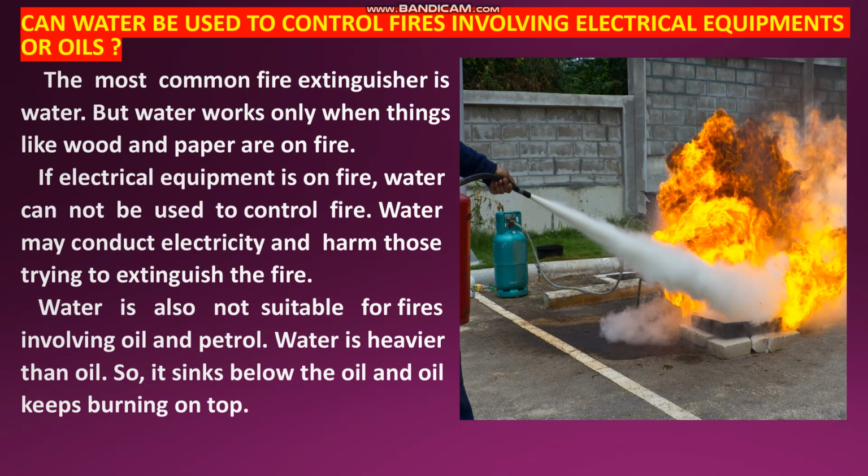The water sinks below the oil, and the oil keeps on burning on the top. So water is also not suitable for fires involving oil and petrol. Water is heavier than oil, so it sinks below the oil and oil keeps burning on top. So we cannot use water to control fires involving electrical equipments and oils.